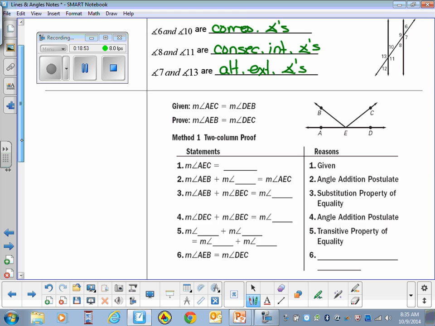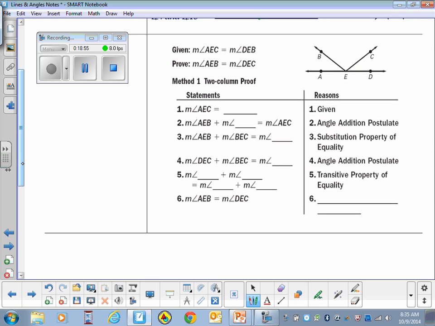Alrighty. And now that you've learned how to do proofs, no geometry lesson is really complete without a proof either. So we are given that the measure of angle AEC, I'm going to mark that, AEC, is congruent to DEB.